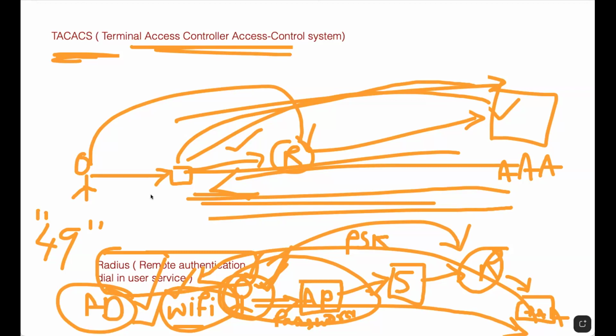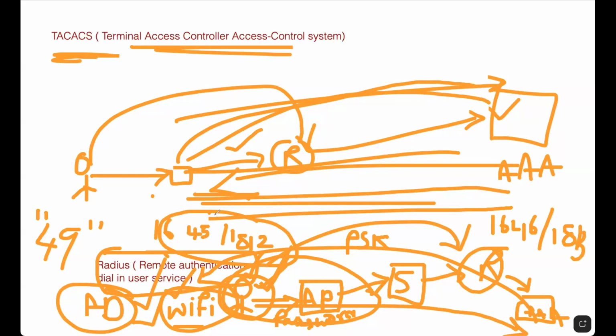And RADIUS uses higher range ports, guys: 1645 or 1812. It uses 1645 or 1812 for authentication, and it uses 1646 and 1813 for accounting.